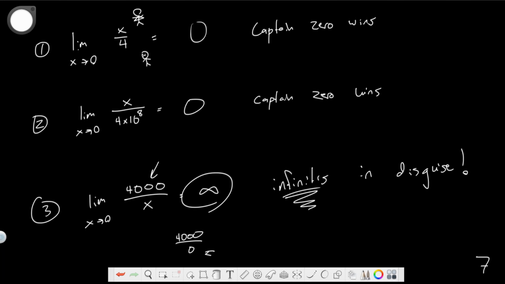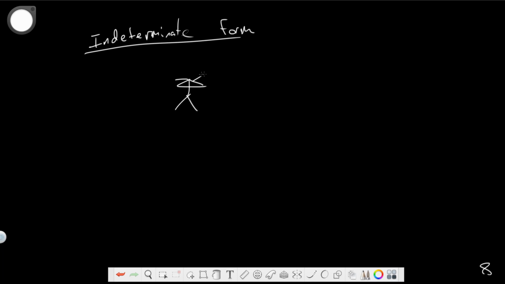Well, what happens when two superheroes clash? Bam! Our analogy continues. It is precisely when we are in indeterminate form, when two superheroes go at it.